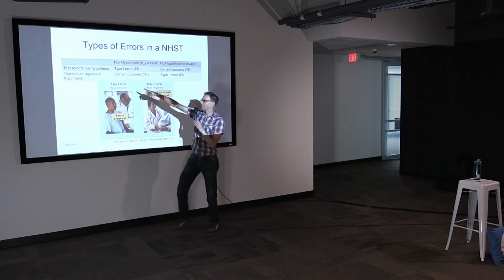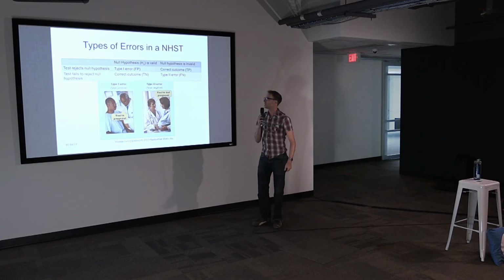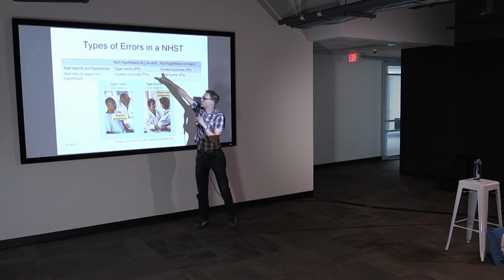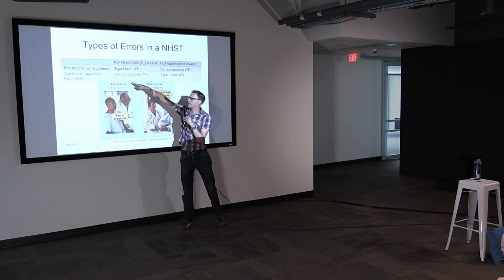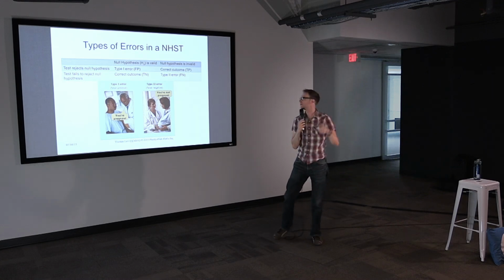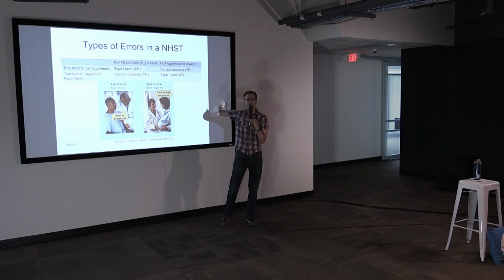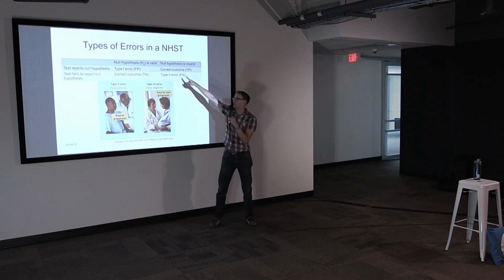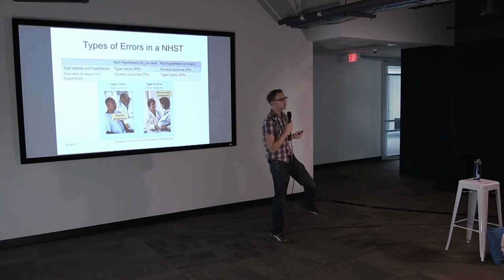Then you have what the test is actually telling you based on some statistic. And in these corners, you have the correct outcome. If the null hypothesis is true and the test fails to reject it, that's good, that's a true negative. If, on the other hand, the null hypothesis is not true, there's a difference between the two pages, and the test rejects it, you've got a true positive and you're good to go.